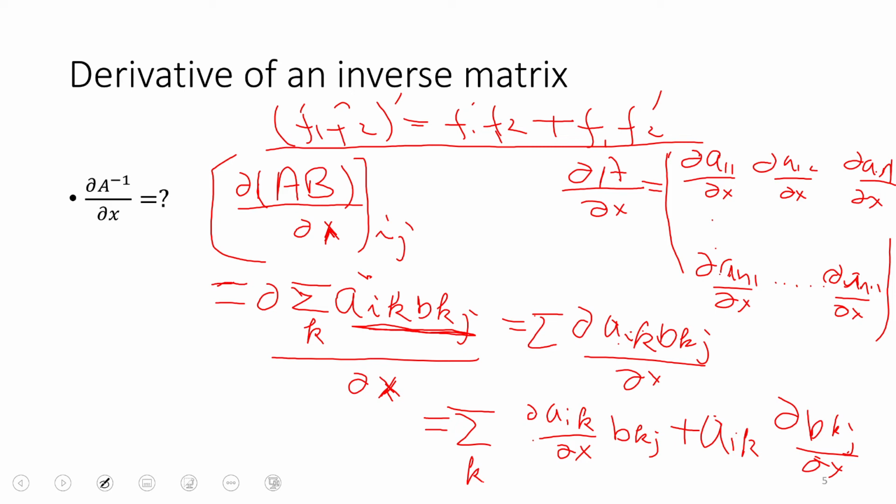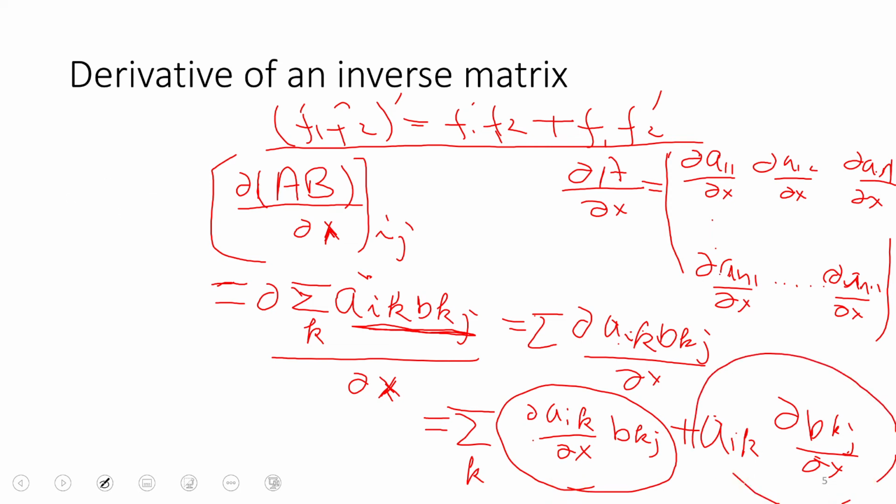Now we have two terms, so you can split them out.